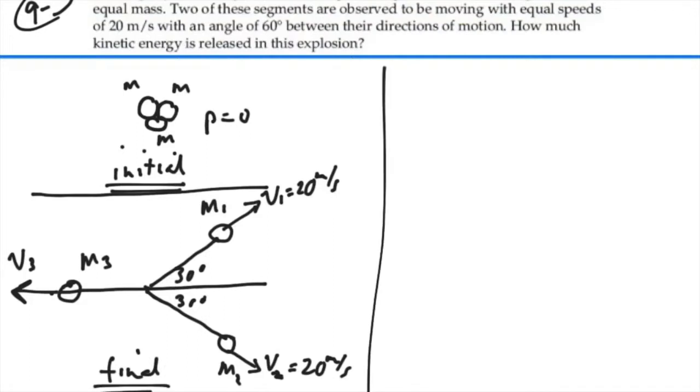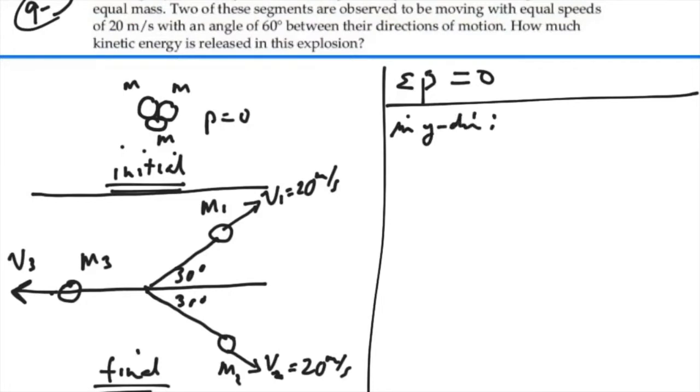Alright, if I look at this, the summation of all the momenta in any direction I choose is going to be 0. So I can choose any direction and figure this out. If I look at the y direction, initially we have 0 momentum. Afterwards we have mass 1, velocity 1 final in the y direction, plus mass 2, velocity 2 final in the y direction, plus mass 3, velocity 3 final in the y direction.